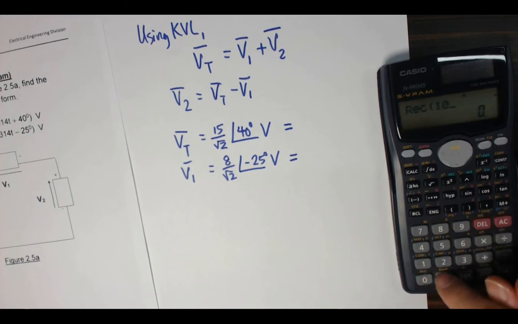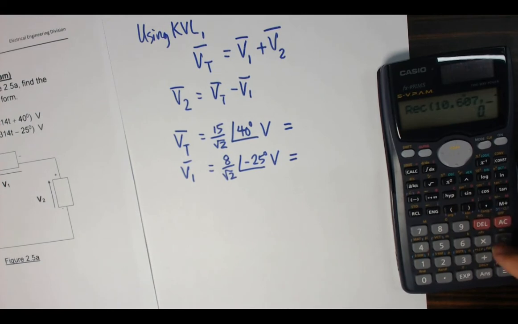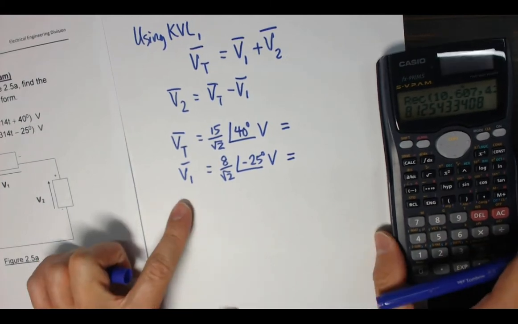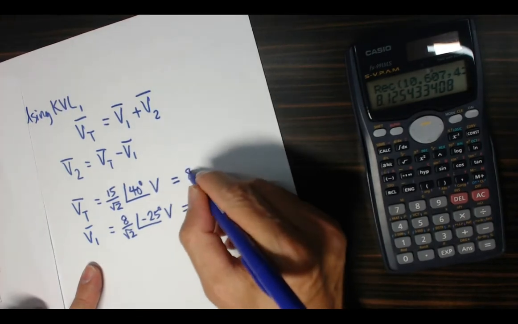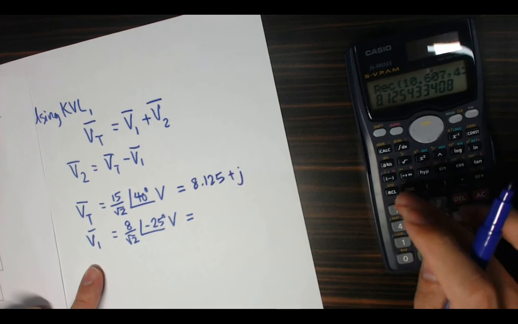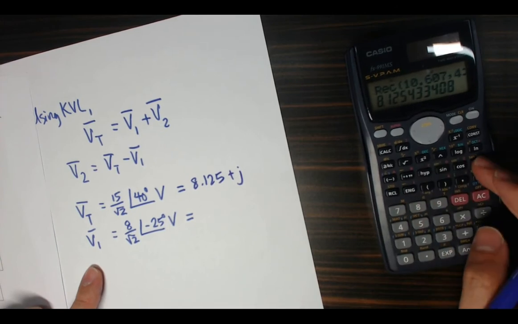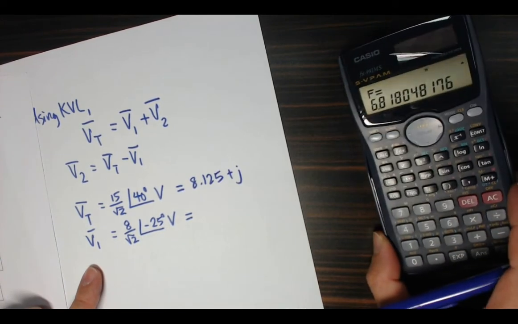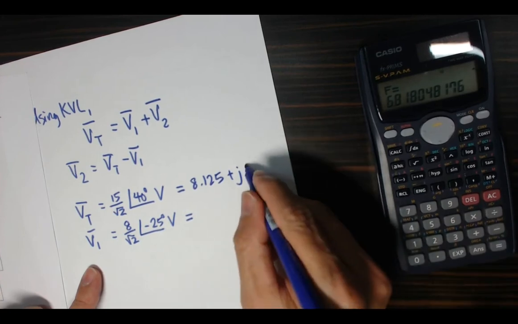So 10.607 at an angle of 40 degrees. That gives me 8.125 plus j6.818.